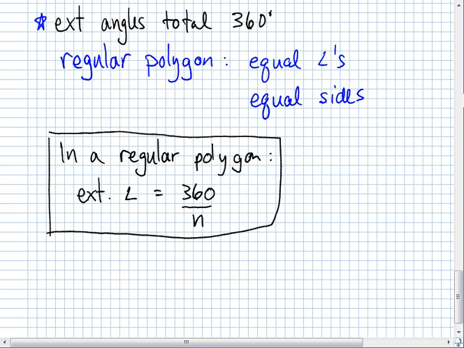For a regular polygon, if you know the number of sides, for example, 4 in a quadrilateral, the exterior angle is going to be 360 divided by 4. For a triangle, it's 360 divided by 3. For a hexagon, a regular 6-sided polygon, it's going to be 360 divided by 6, etc. Okay, and that's going to help us with some of the homework you did, for example, on Thursday.